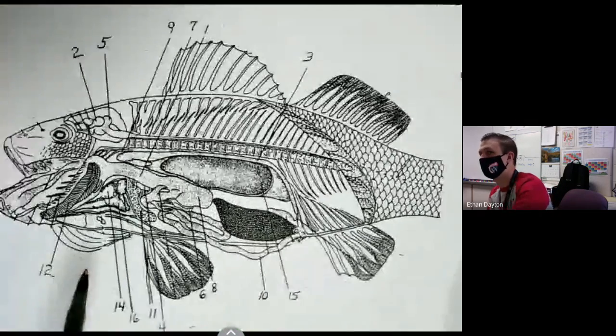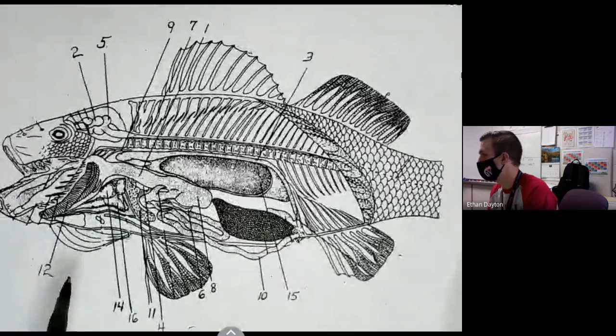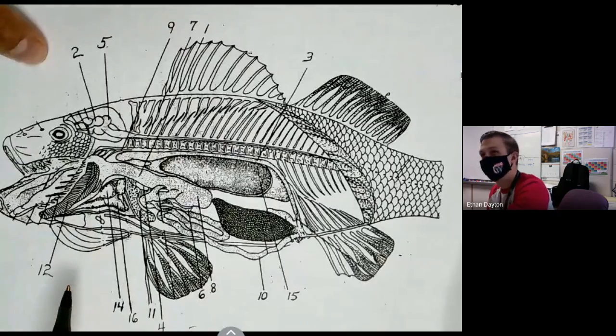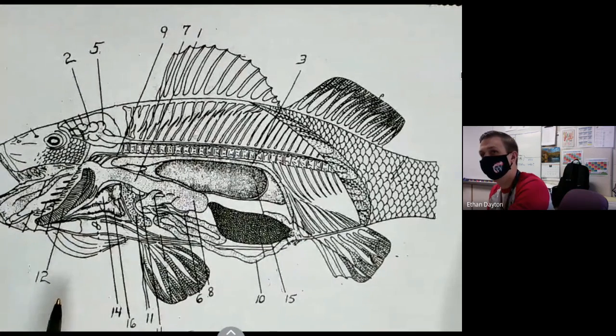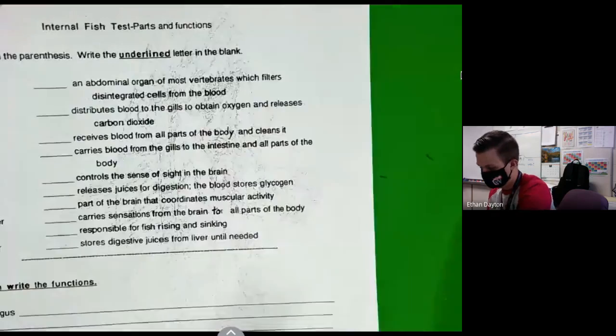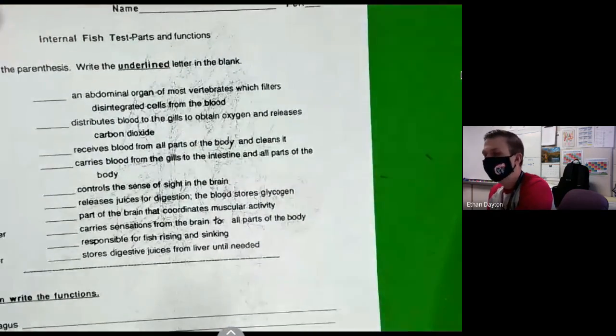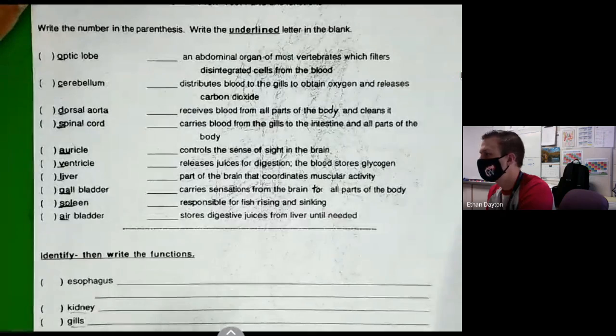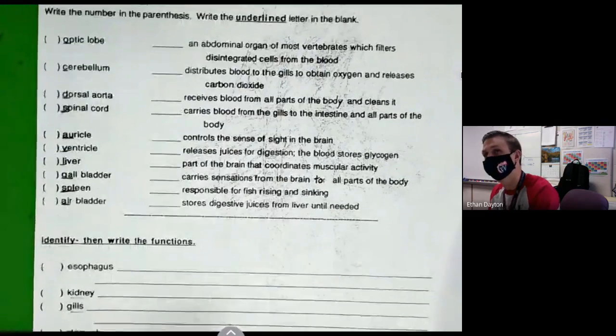So there's 1 through 12, and then 14, 15, and 16. Okay? All right, so we just kind of reviewed this. You can get after it.